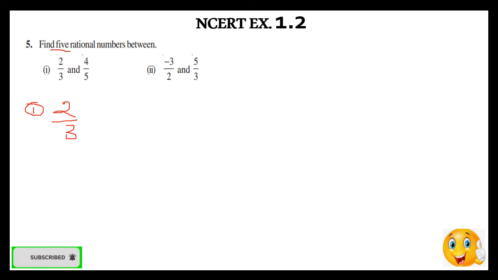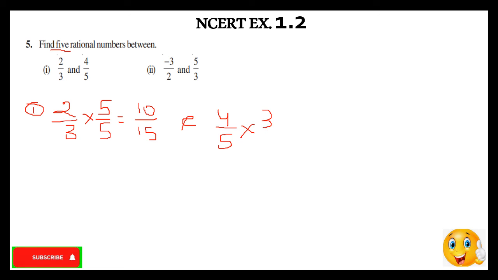So 2 by 3 will be multiplied with 5 upon 5, so that we can get 10 upon 15 here, and 4 upon 5 can be multiplied with 3 by 3, so that we can get the equivalent of 4 by 5.